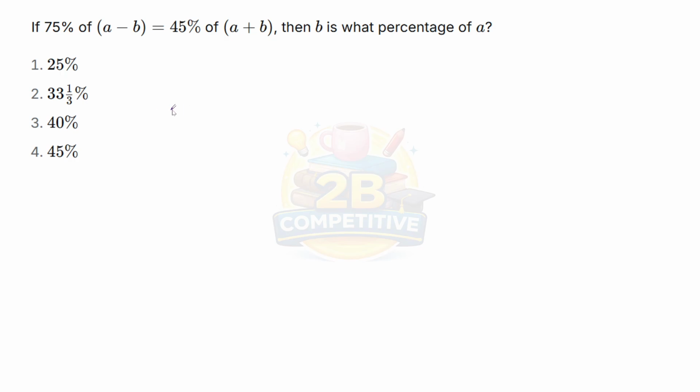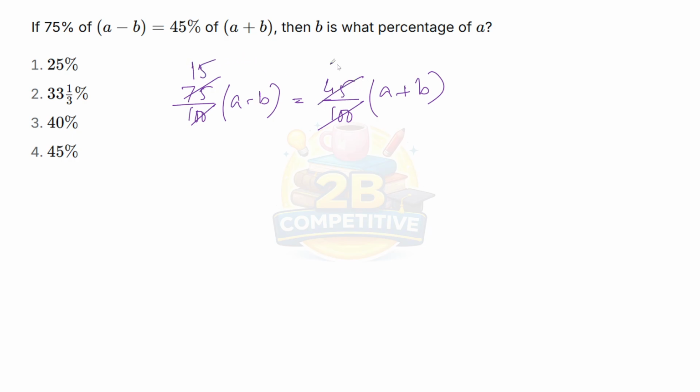Next, if 75% of A minus B equals to 45% of A plus B, then B is what percentage of A? So 75% of A minus B equals to 45% of A plus B. So 5A minus 5B equals to 3A plus 3B.